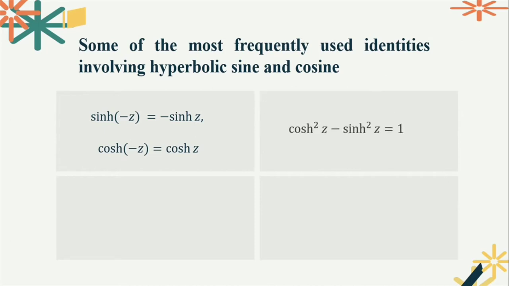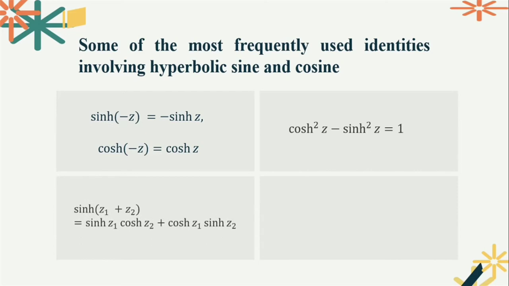And then the square of cosh z minus the square of sinh z is equal to 1.